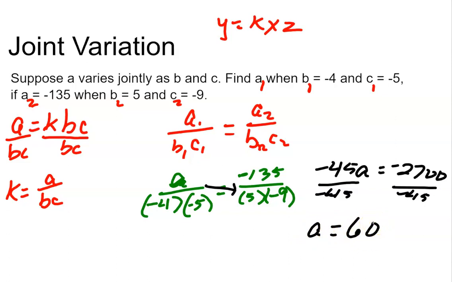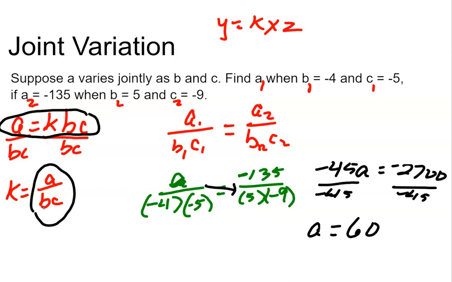Now, if I were to put this back into this original equation right here, so if a is 60, I can now find the constant. So if I did 60 divided by BC, which BC was 20, the constant is 3.